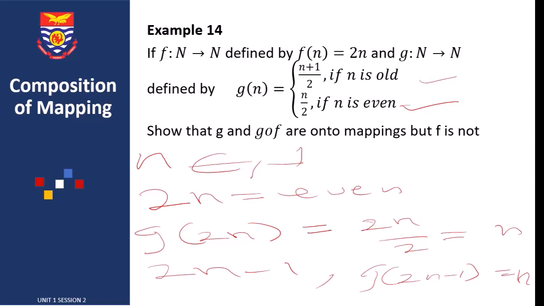When we look at f equals 2n, if it is 1, what do we get? If it is 2, what do we get? So it means that the odd positive integers do not have images. Good. So this is just simple for this example 14.